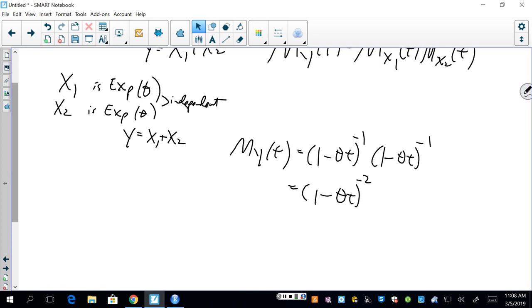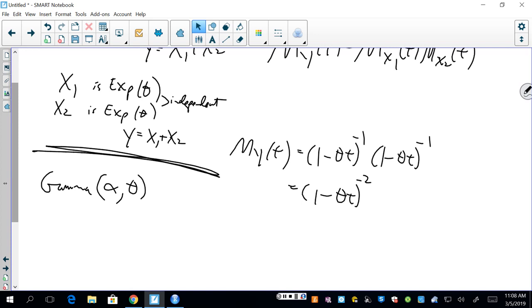And it turns out for a gamma random variable, if this is alpha, now I kind of switch between beta and the other one, but I'll write it with beta first because that's what the book does in this chapter. The moment generating function of a gamma random variable is 1 minus beta t to the minus alpha.